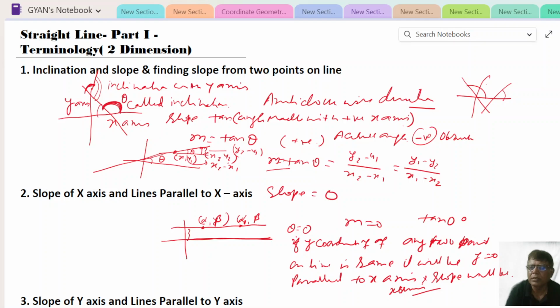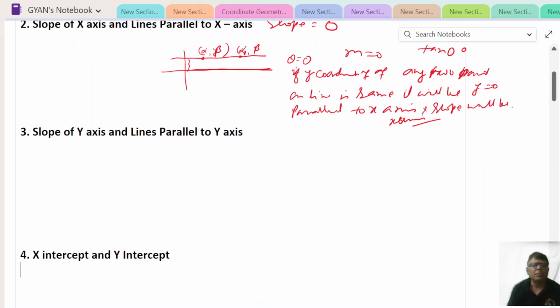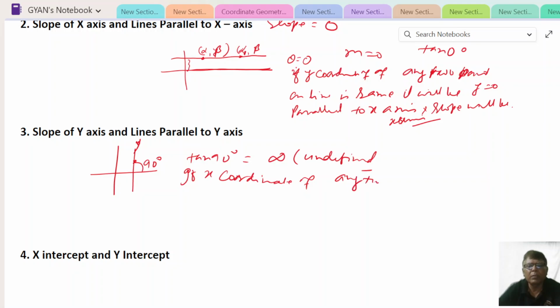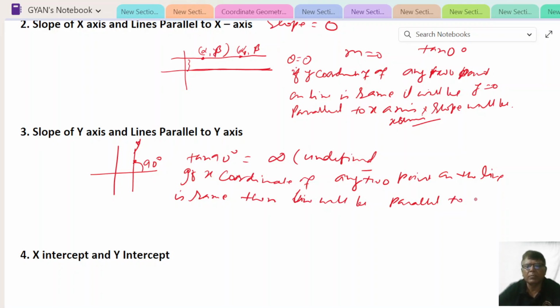Now come to the second point, slope of the y-axis. The y-axis is at 90 degree, so tan 90 is undefined, infinite. So for any 2 points, if the x coordinate of any 2 points on the line is the same, then the line will be parallel to the y-axis.